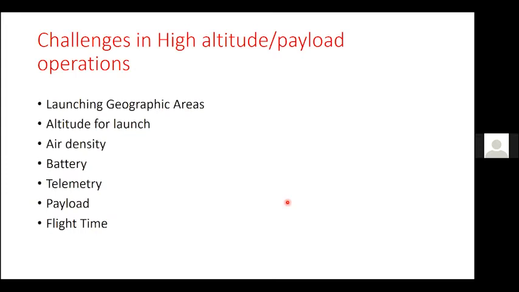When they tried to go higher with a command for 200 meters, the motors rotated very fast, and I feel the air density was low, so a power failure happened and the drone came down very fast. Then flight time, how much flight time you require. All these things are very challenging for high altitude operation.